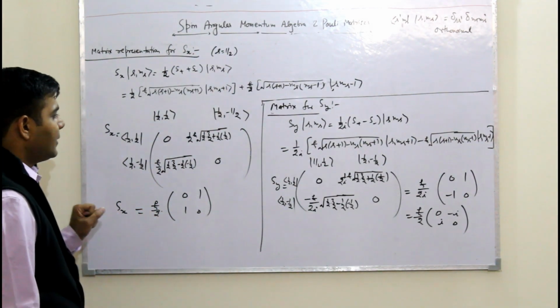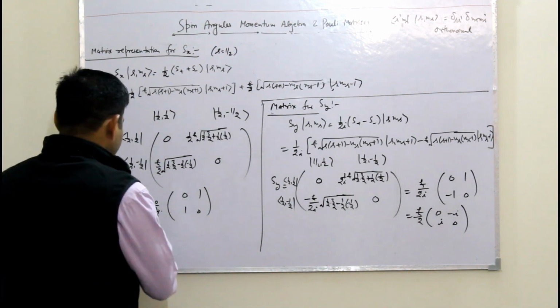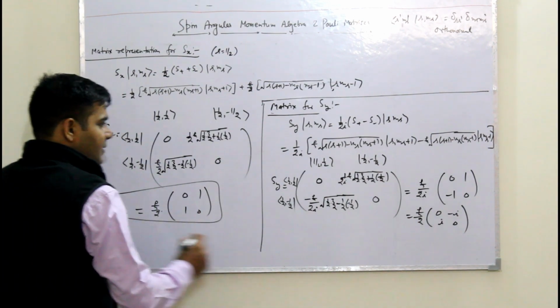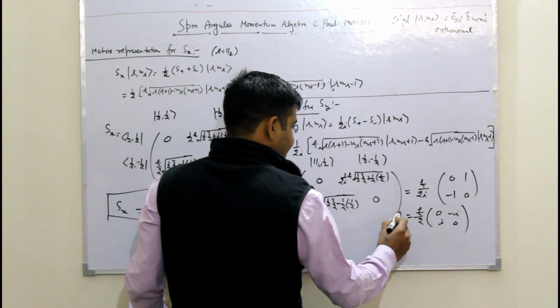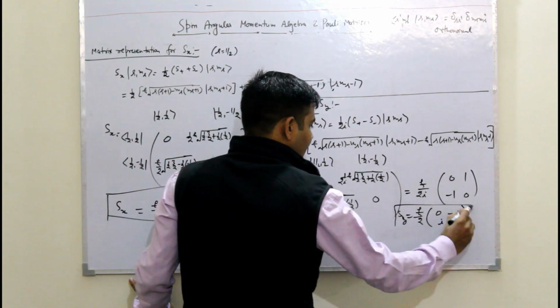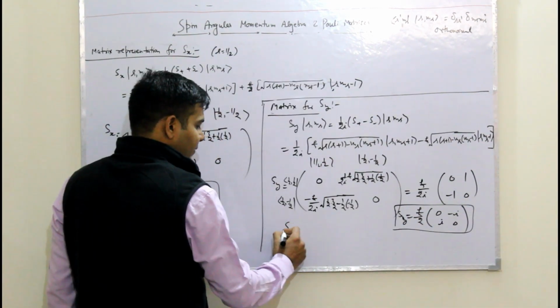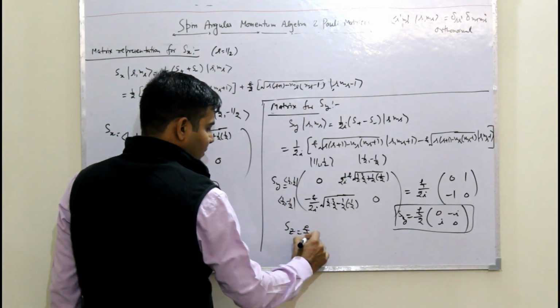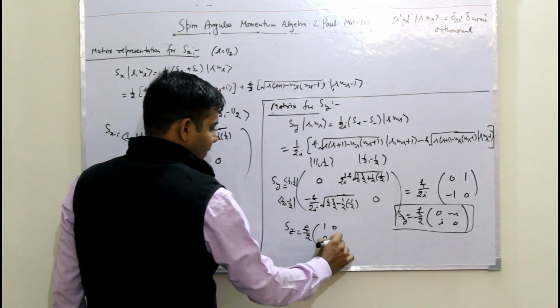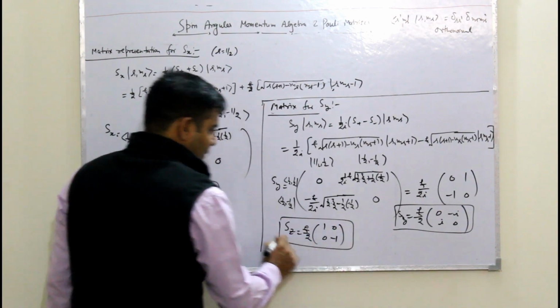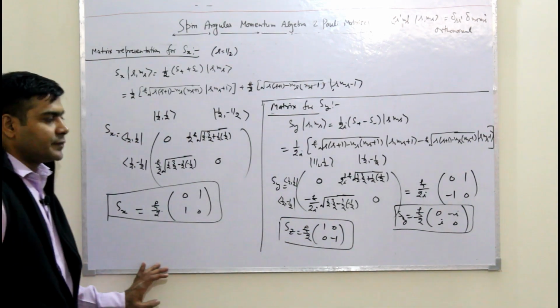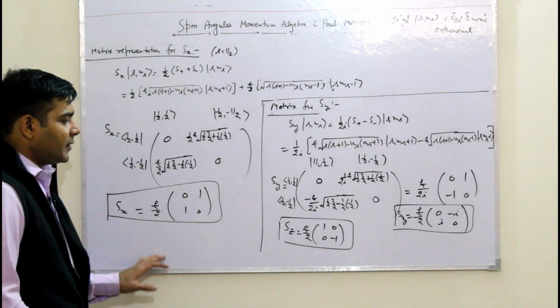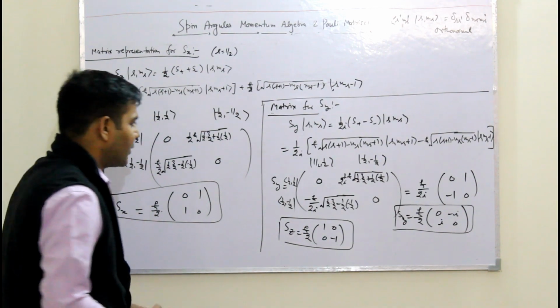Sx is given by this representation, Sy is given by this, and if we remember, we found h cross by 2 1 0 0 minus 1. So let me write down what we have got so far.